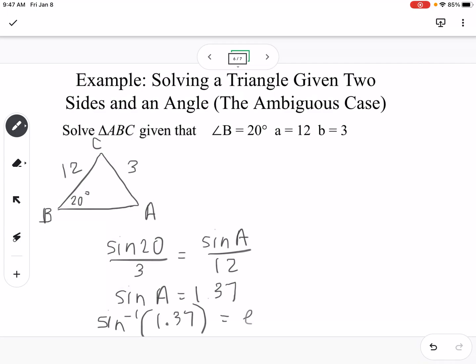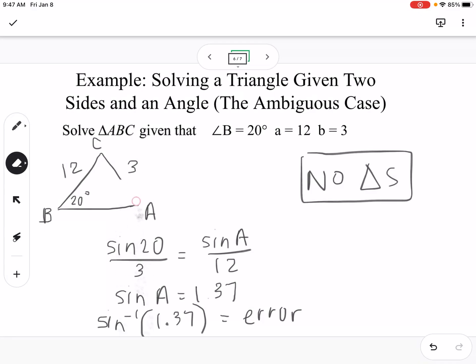So this would give you an error on your calculator, and that means that there are no triangles. And what that actually looks like is a better illustration of this. You have that side hanging there, your angle's fixed, your side of 12 is fixed. There's no way to connect that triangle. So that would be the no triangle situation.